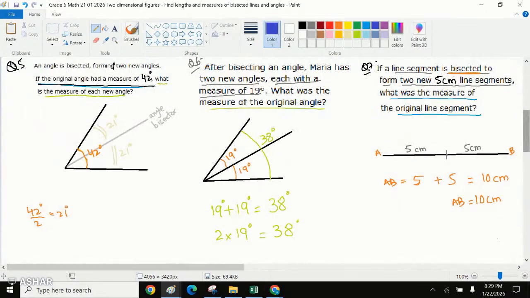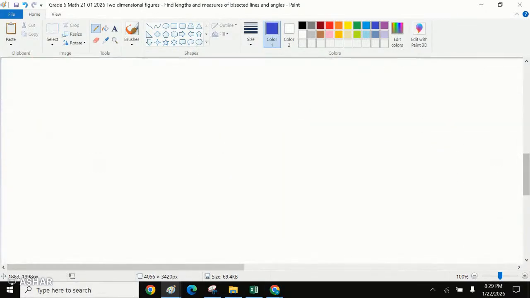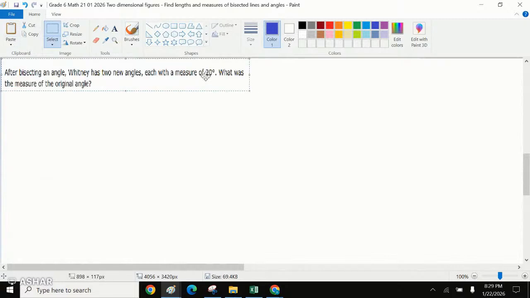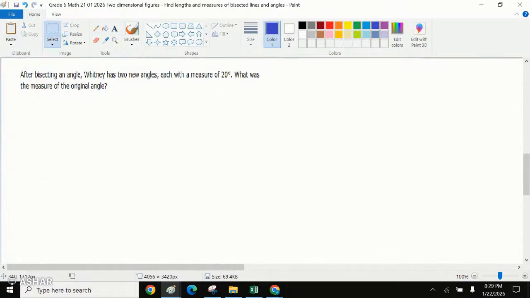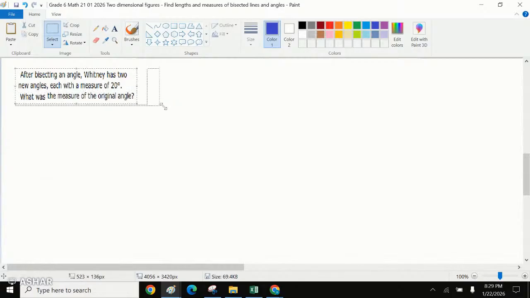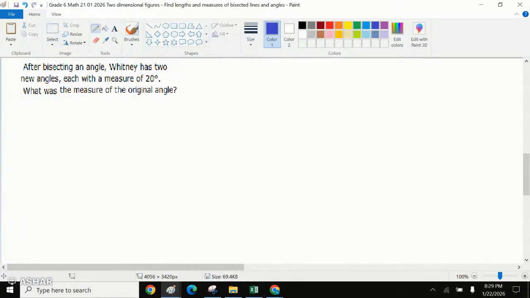Question number 11 says, as two new angles measure 20 degrees, what was the measure of the original angle? This was our question number 11.